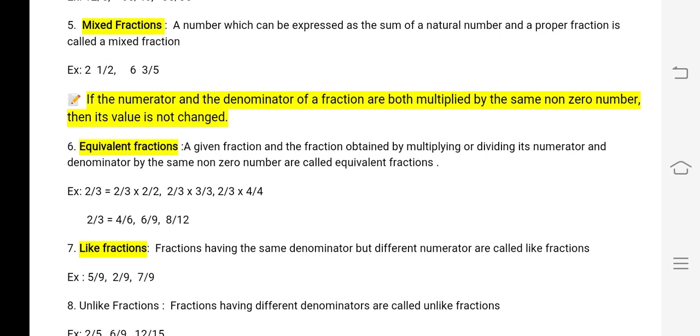So we multiply by 2 by 2, 3 by 3, 4 by 4 and so on. Thereby, we get different fractions, but they are equal to the value of 2 by 3 because we are multiplying with 1. Hope it is clear to you.